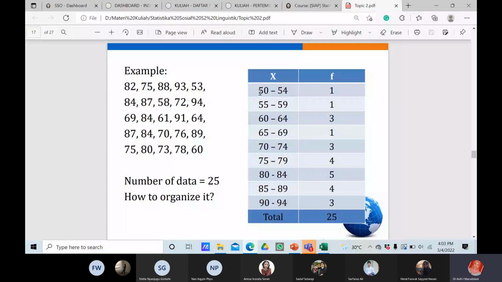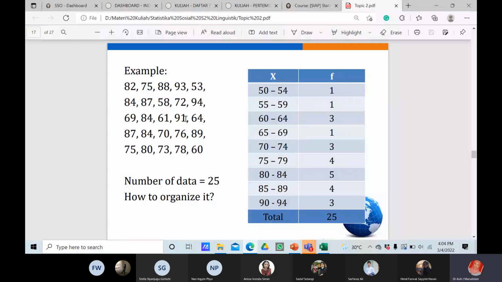When I choose to use intervals, the first class is 50 to 54, the next is 55 to 59, the second class is 60 to 64, and so on. Then we can count all the frequencies of each interval.